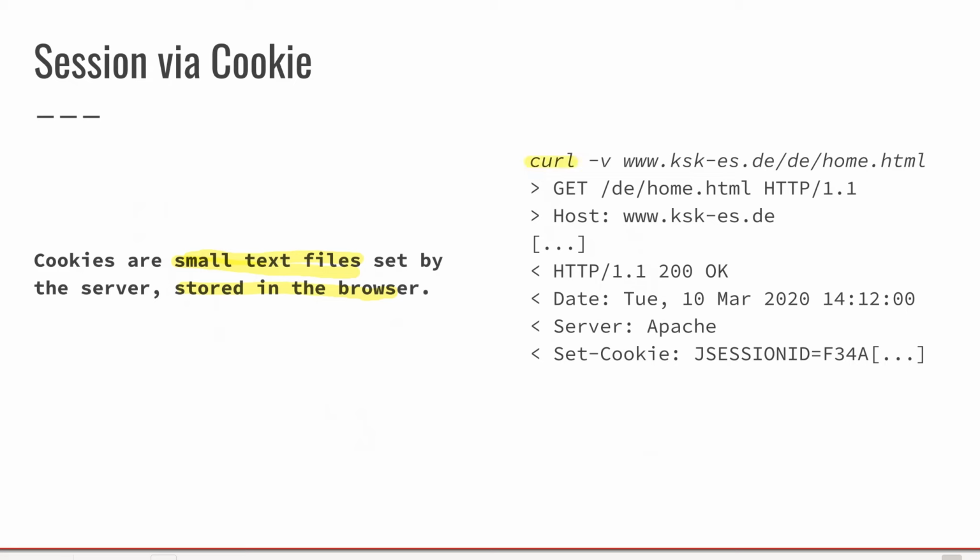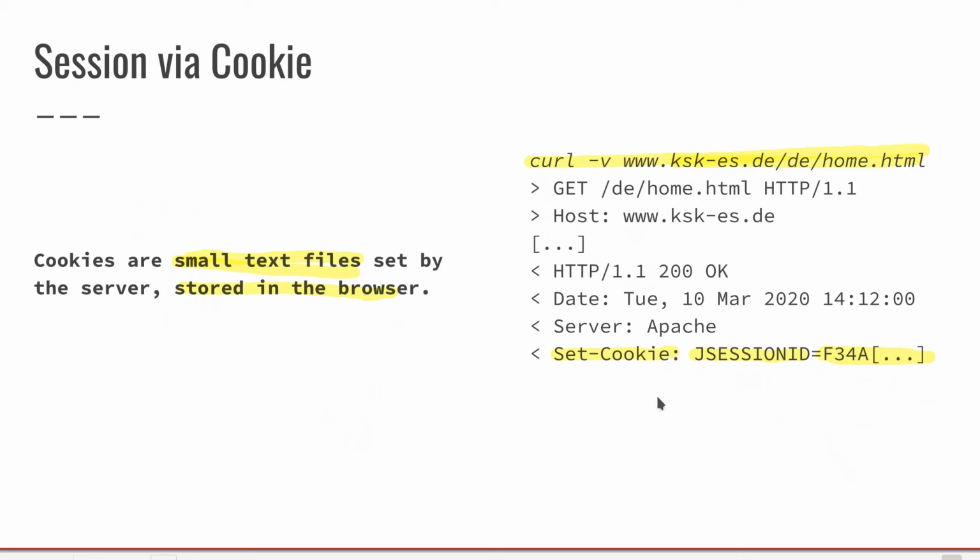How does that work? Well, I did a curl request here to a banking website, and in the response from the web server, there's a header called Set-Cookie. And the Set-Cookie header has a key-value pair. The key here is JSESSIONID, and the value is some random value.